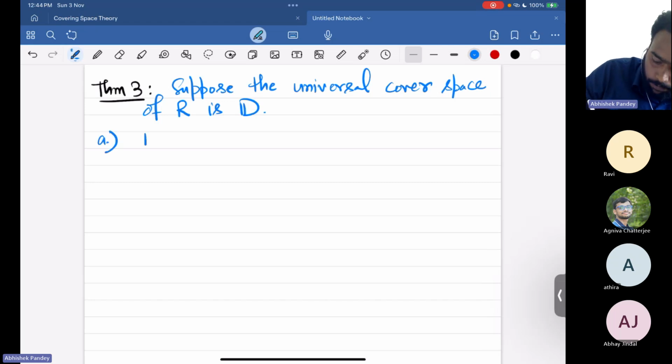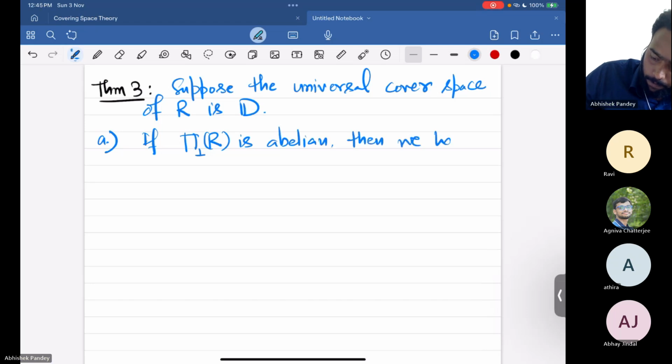First one is if the fundamental group of R is abelian, then we have only two possibilities.